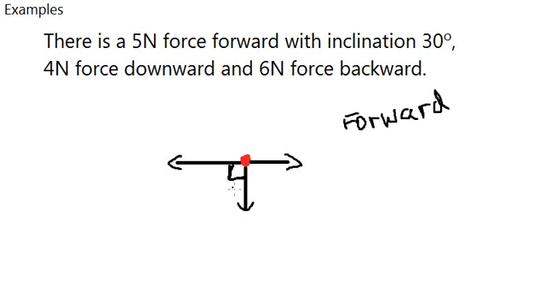Okay, so that would make 90 degrees, but the problem is we have a 5 Newton force forward with inclination, so this is actually wrong. What we need to do is make an arrow upwards by 30 degrees, and that would be sufficient. 30 degrees.